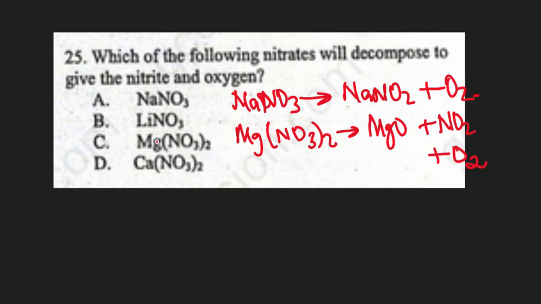So all group 1 nitrates except lithium nitrate will decompose to give their nitrite and oxygen. Since lithium shows a diagonal relationship with magnesium, the decomposition of its nitrate will be similar to that of magnesium. So lithium nitrate will decompose to its oxide, nitrogen dioxide, and oxygen, making our option A to be correct. Sodium nitrate will give its nitrite and oxygen.